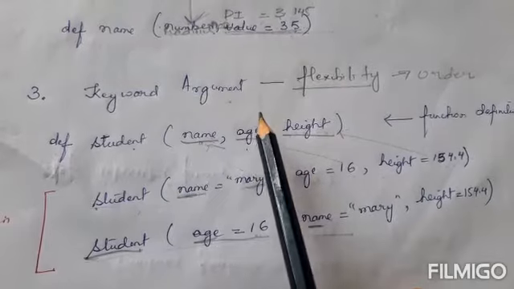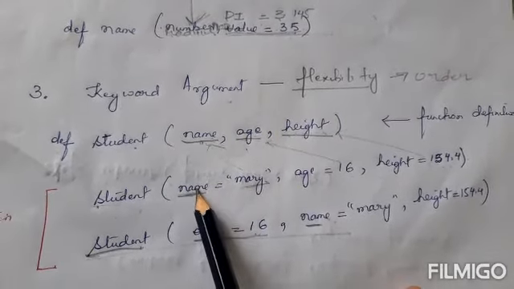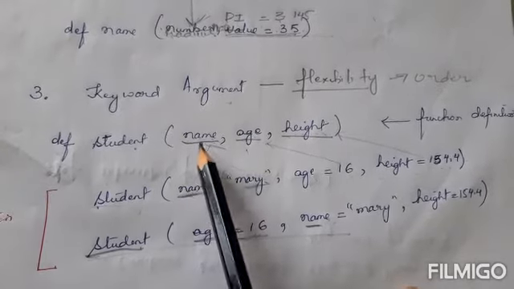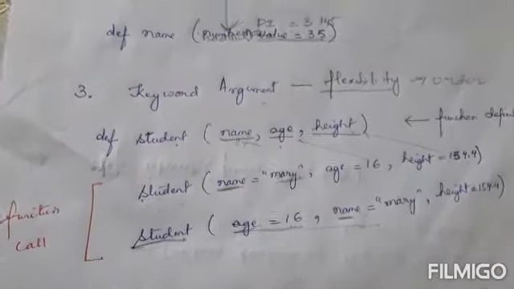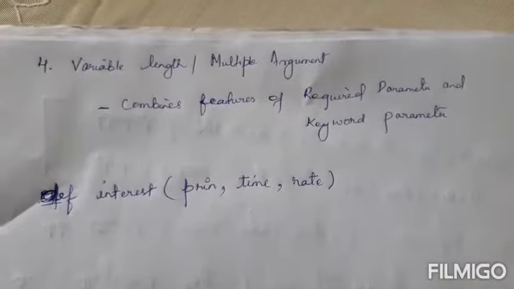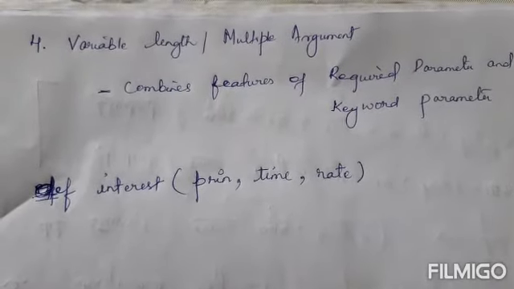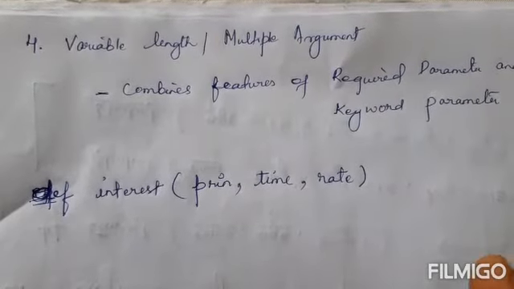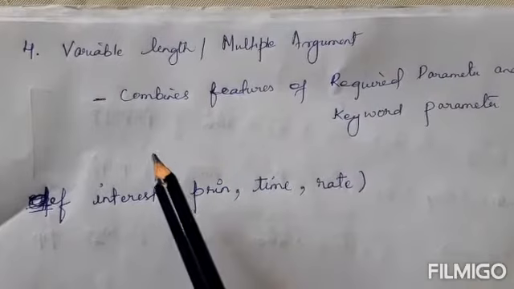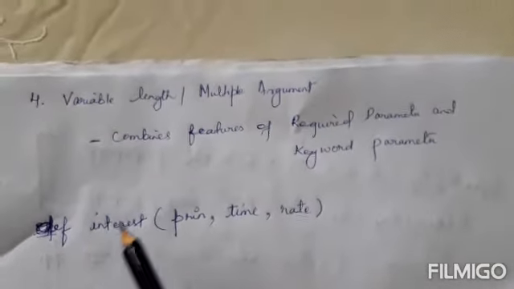The only thing that you have to remember is that your parameter name has to be exactly the same in the function call as well as in the function definition. The fourth concept here, the fourth way of passing an argument to a parameter, is the variable length or the multiple argument types of parameter. This one allows you to combine the features of the first three ways of passing an argument that we have already discussed.